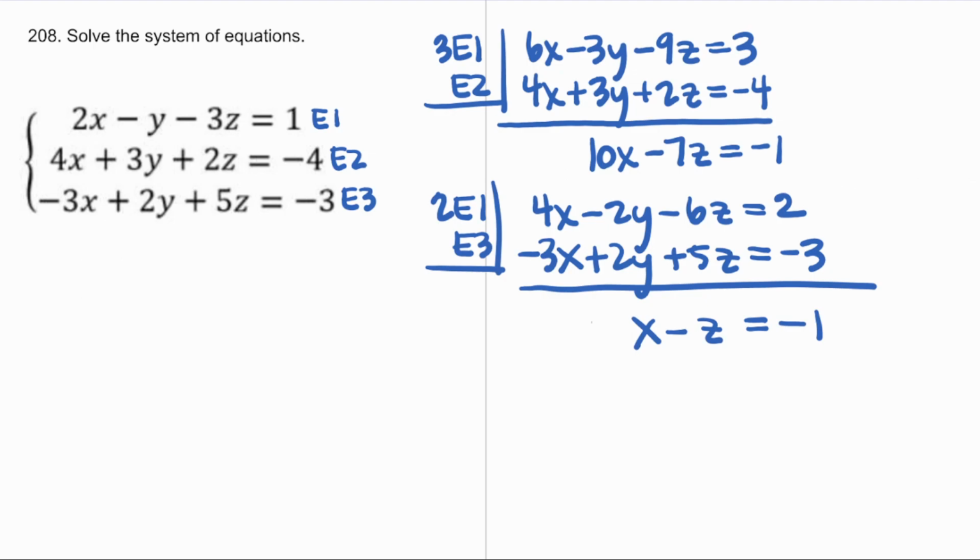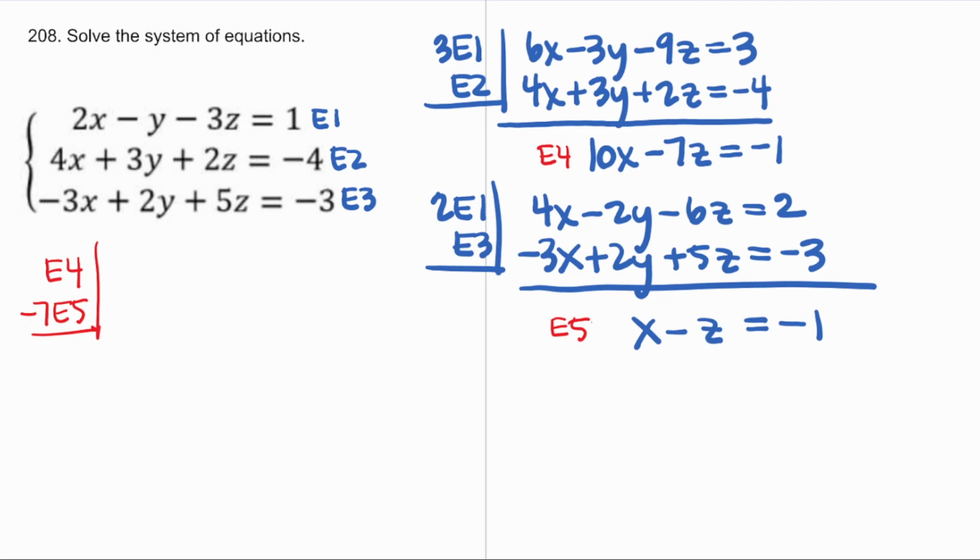If you wanted to solve this one the rest of the way with substitution, like solve for x, you could do that, but I don't think that's going to be necessary. If I call these equation 4 and equation 5, then I'm going to take equation 4 and add negative 7 of equation 5 to eliminate the z.